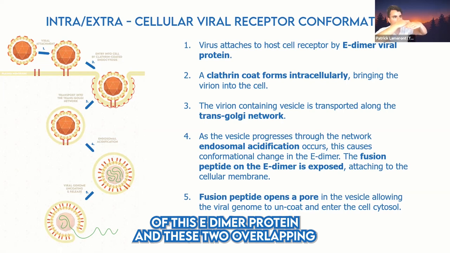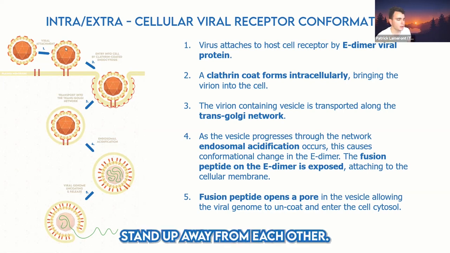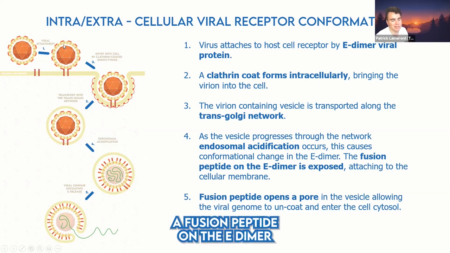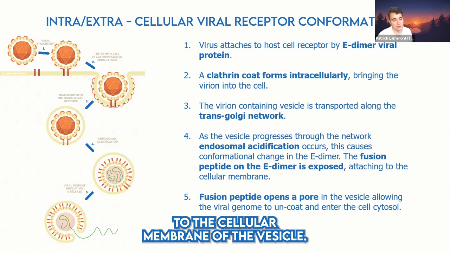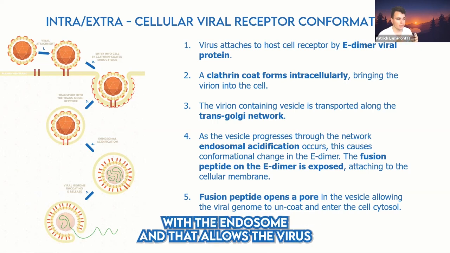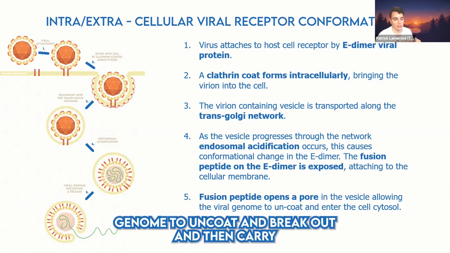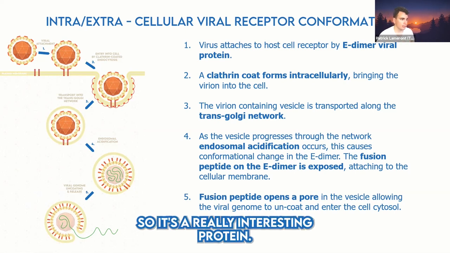The two overlapping parts of the E dimer stand up away from each other, and that exposes a fusion peptide on the E dimer, and that can attach to the cellular membrane of the vesicle, which allows the vesicle to fuse with the endosome, and that allows the virus genome to uncoat and break out and then carry on to the next stage, the replication cycle. So it's a really interesting protein.